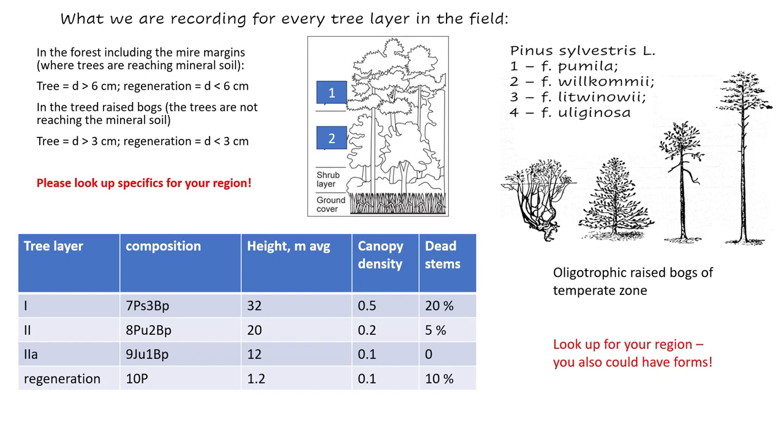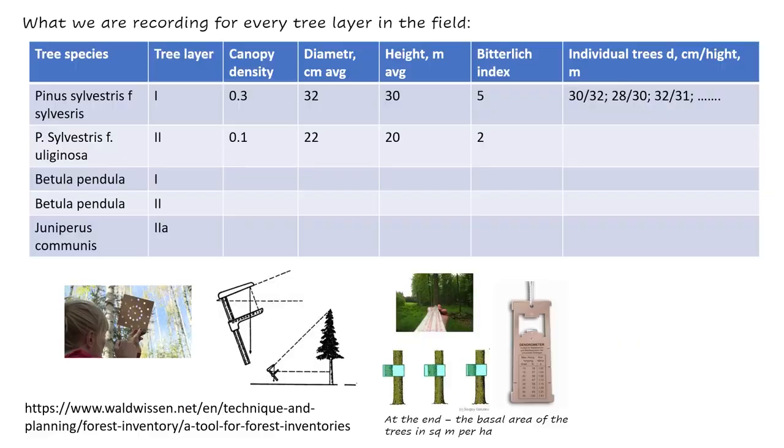We also always put the percentage of dead stems, because in the peatland very often dead stems stand for a long time in the stand without falling down, and we have to calculate them in the structure, because they are also part of the stand structure, even if they are dead. They take their space in the horizontal and vertical structure.